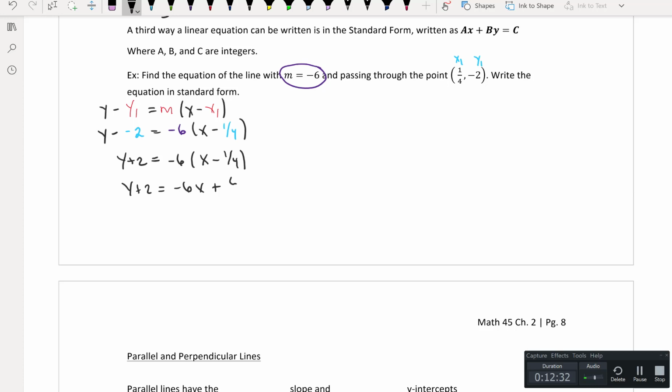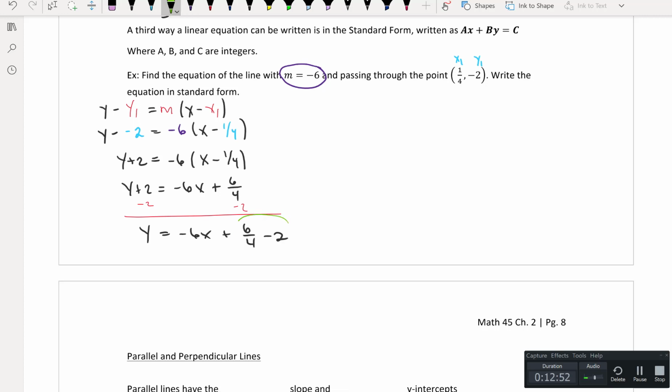So I'm going to have 6 on top, and I'm going to have a 4 on the bottom. And I can simplify this later. So now what I want to do is I want to subtract 2 from both sides. So now that I have y is equal to -6x, and I have a positive 6/4 minus 2.